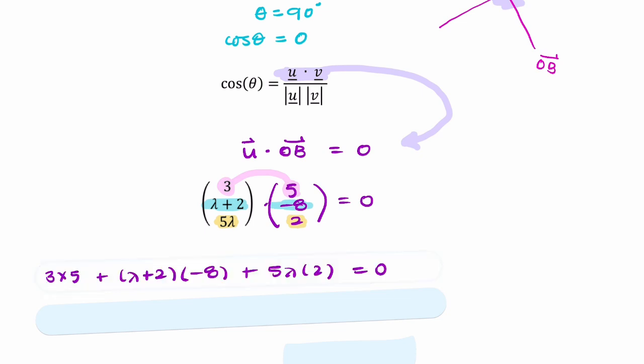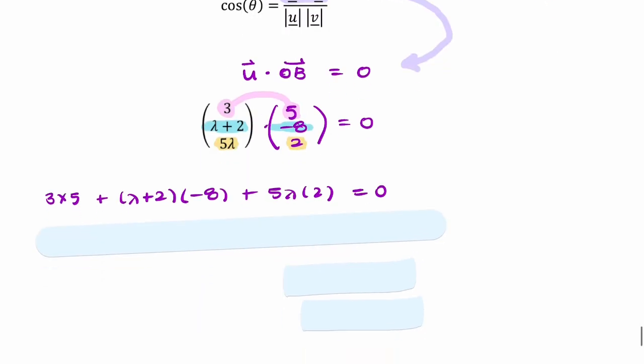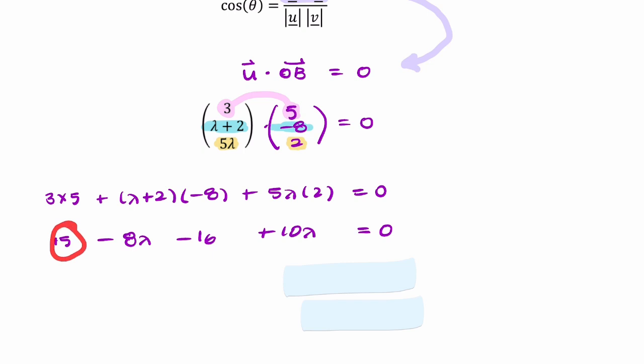When you add them all together, you should get 0. And if you multiply that out, you get a linear equation in lambda. 15 minus 16 is -1.